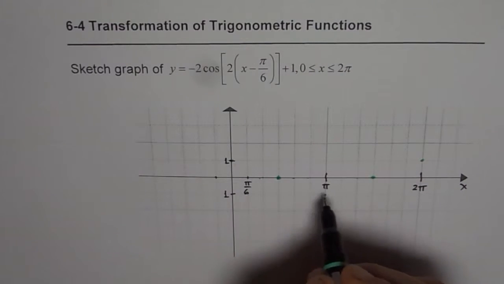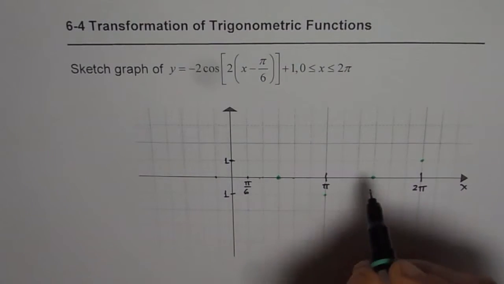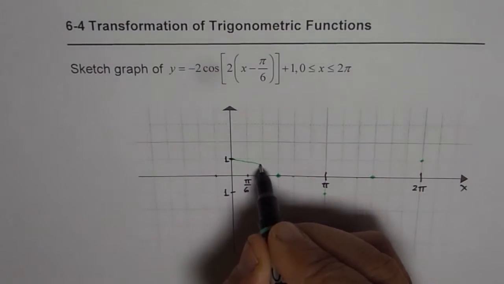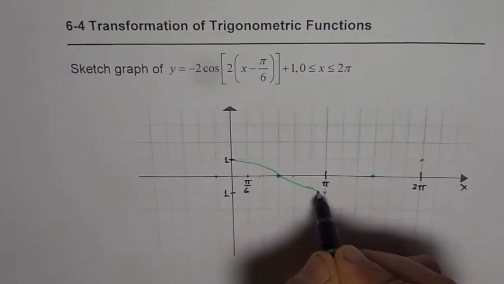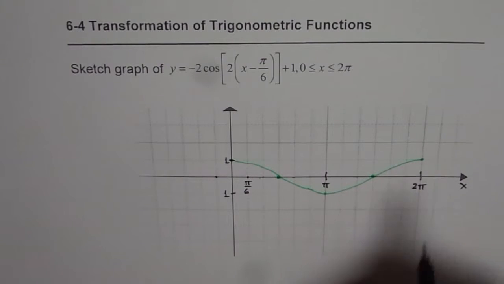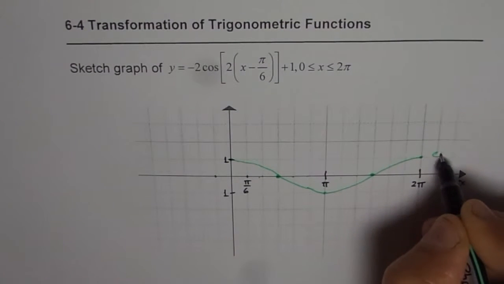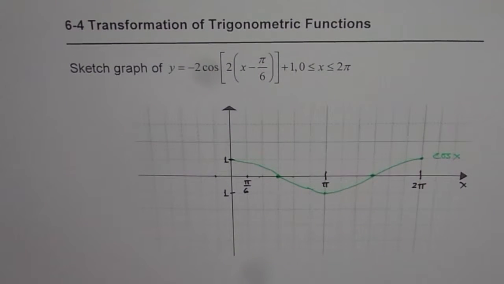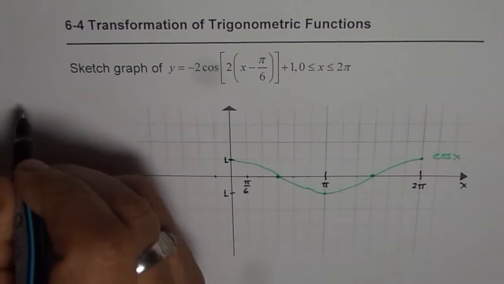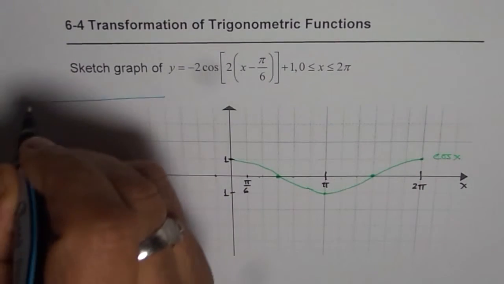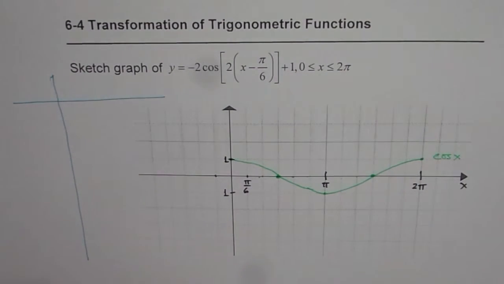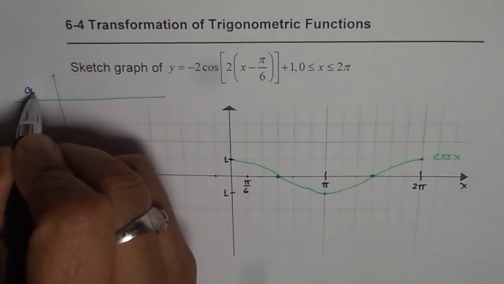So now we can connect these points and graph the cosine function. So we have a cosine function which is kind of like this. So this is cos x. We'll begin by writing the critical or key points on cos x and then see how the image points change for the given function, right? So y equals cos x.